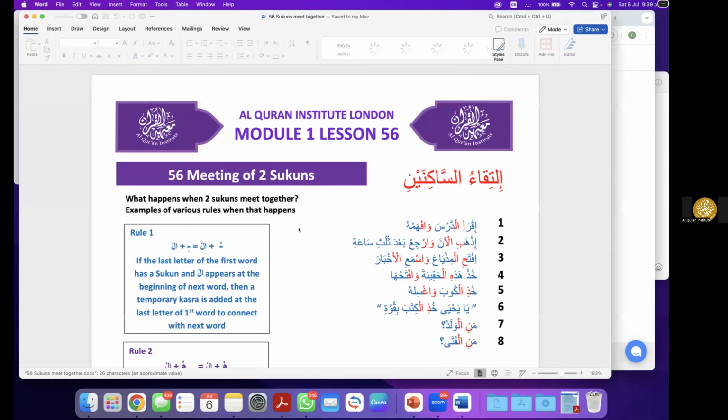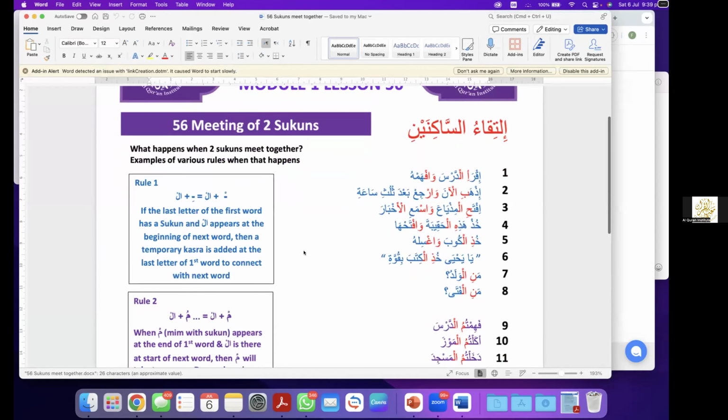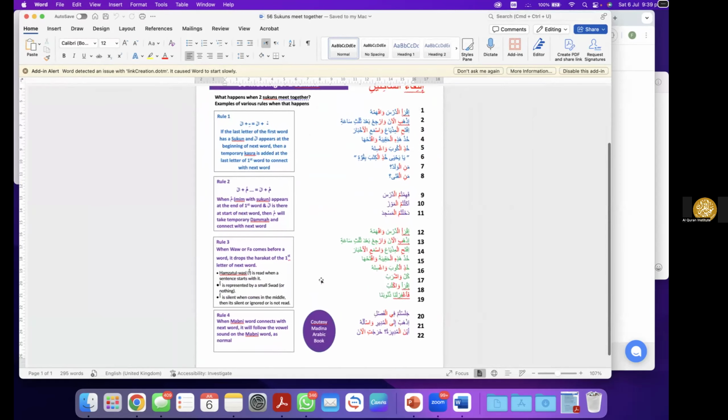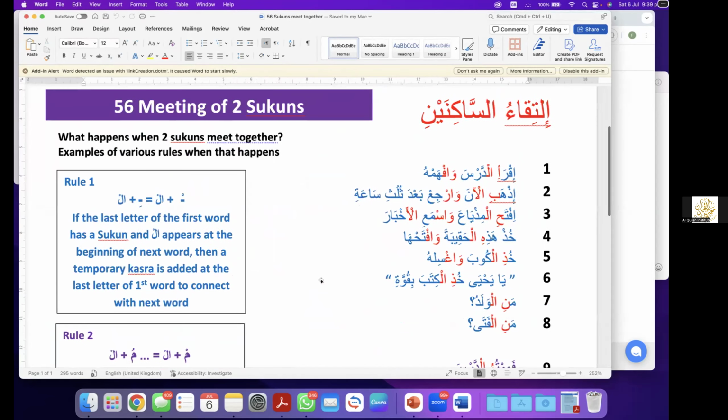Okay, this is also a very simple chapter. Many of us already know how to pronounce this in the Quranic verses. However, there are some short rules there, which we will quickly go through. So rule number 1. Can you enlarge it? Yes.